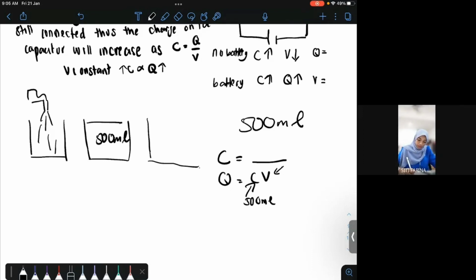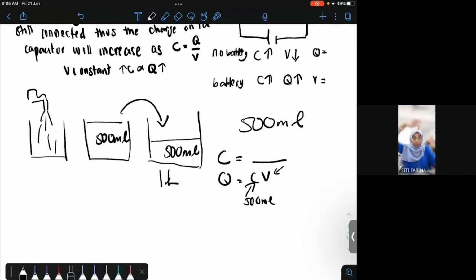Sekarang bekas kamu 1 liter. Tapi air yang kamu isi 500 ml saja sebab kamu ambil ni, kamu transfer dia masuk dalam bekas yang besar. So, when you insert dielectric, lepas remove power supply, tap kamu dah tutup, pipe dah tutup, insert dielectric, okay, tukar botol.